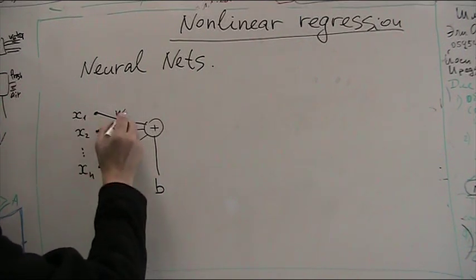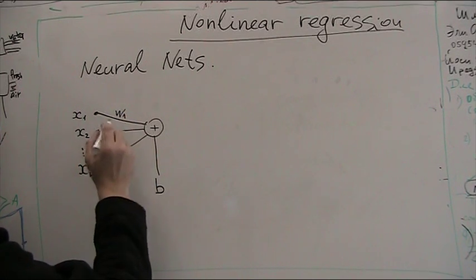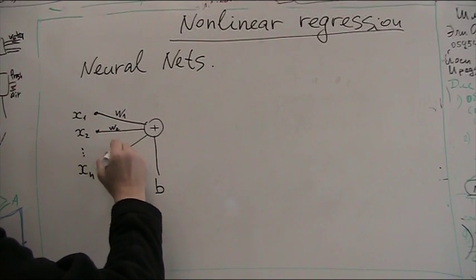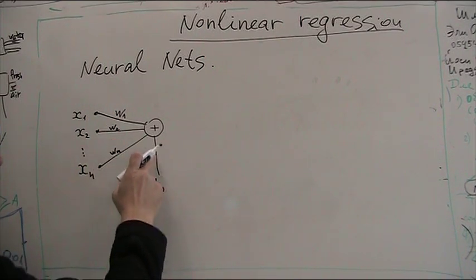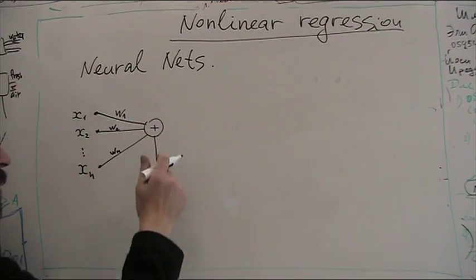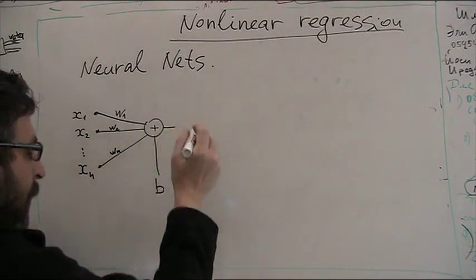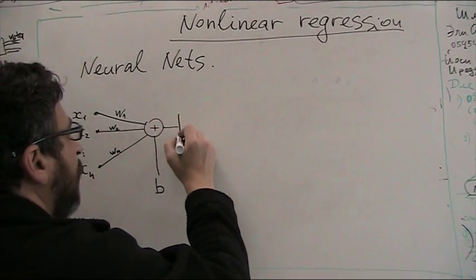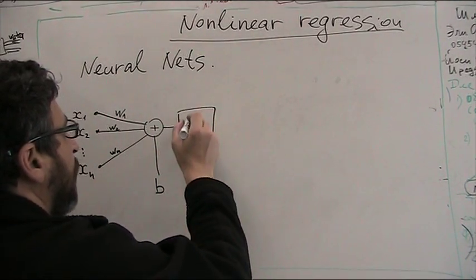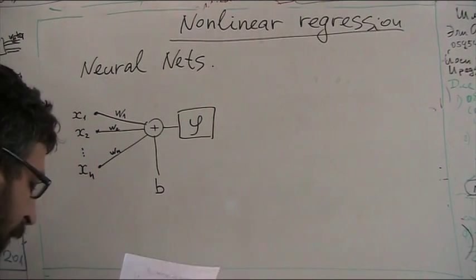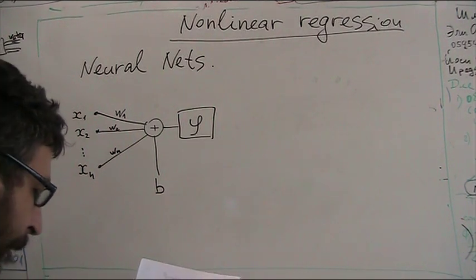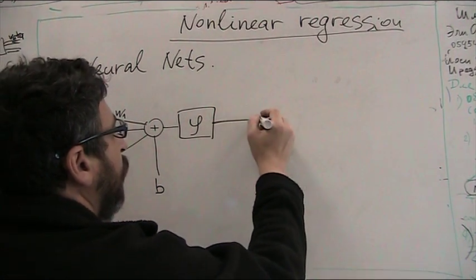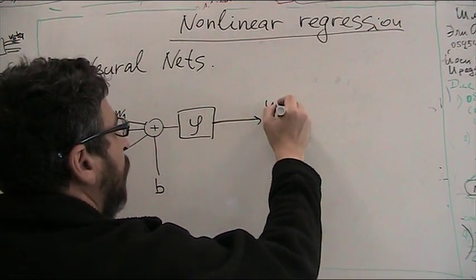So x1 multiplied by some w1, x2 by some w2, xn by wn, and all this plus b, and then it takes some nonlinear function of the obtained result. I will write it as phi, some function phi, and this will give me output y of a single neuron.